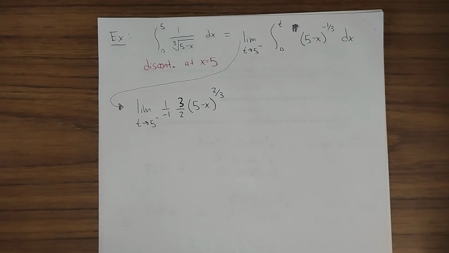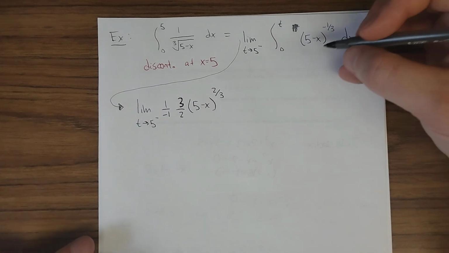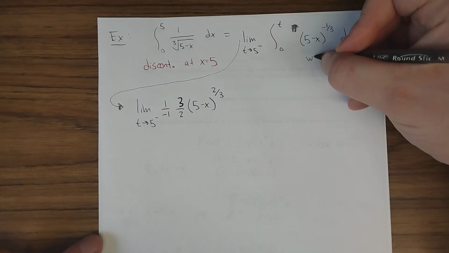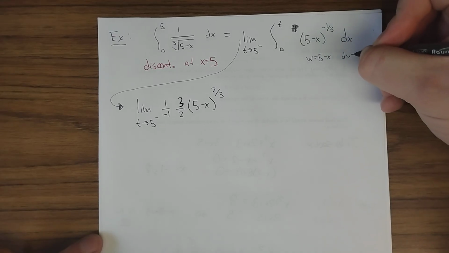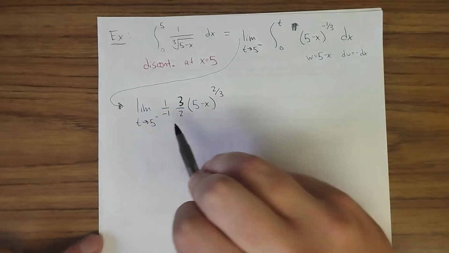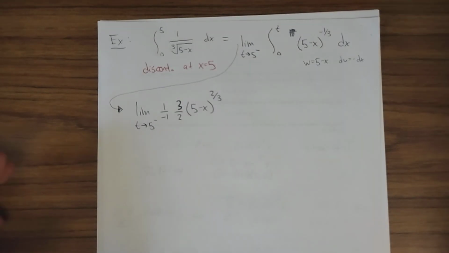That's how these simple substitutions work. And again, I'm just skipping the work of a simple substitution where I let w be 5 minus x, and dw is minus dx, and basically this negative is because of that negative. But that's all that happened.